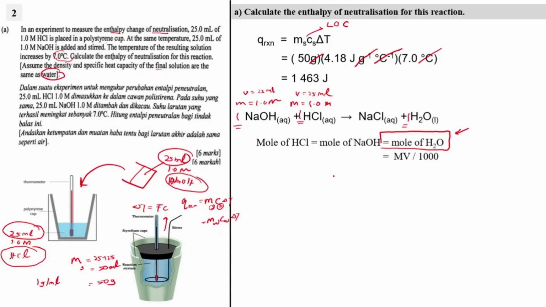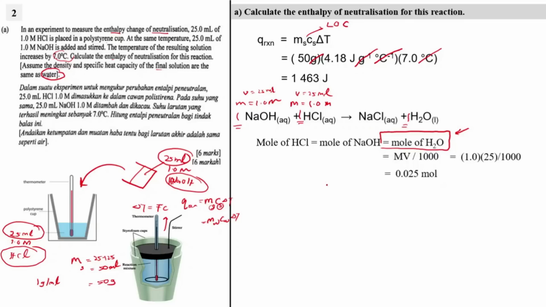So from here, you can find the mole of the water by using MV divided by 1000, where the volume here is in ml. So our molarity is 1.0 molar, and our volume is 25 ml divided by 1000. So our number of mole here is 0.025 mole.